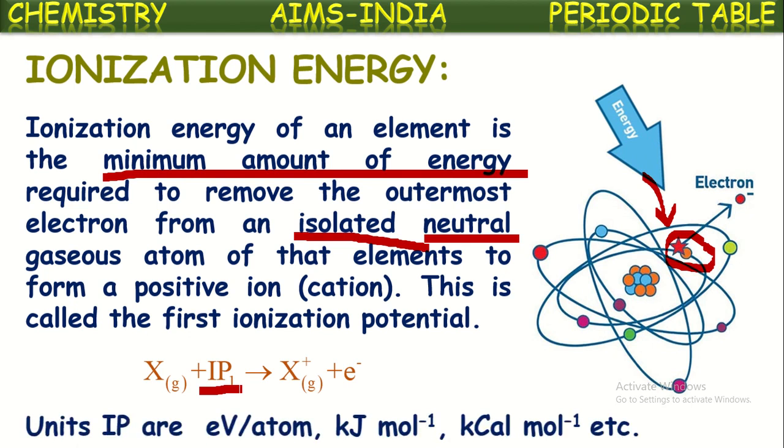As this is energy, its units will be electron volts per atom, kilojoules per mole, kilocalories per mole, etc. When you pronounce this as ionization potential, the unit used will be electron volts, but generally all of these are units for ionization energy.